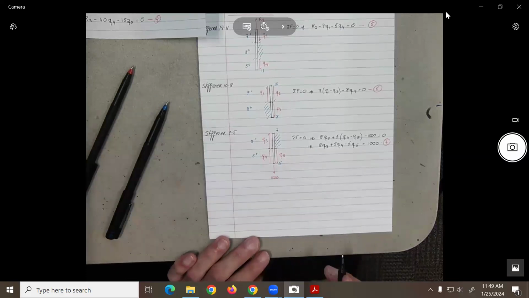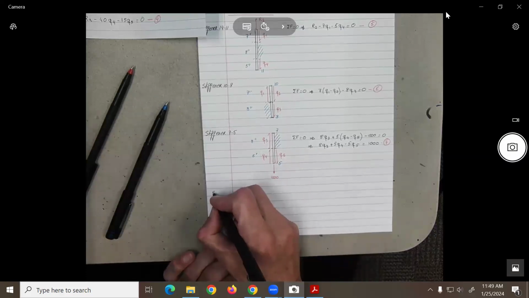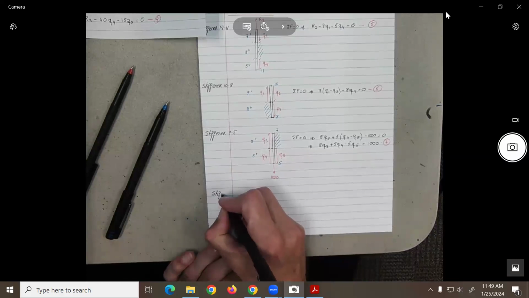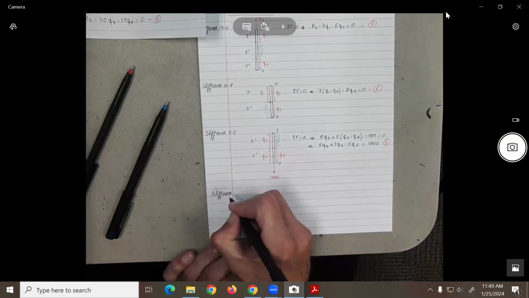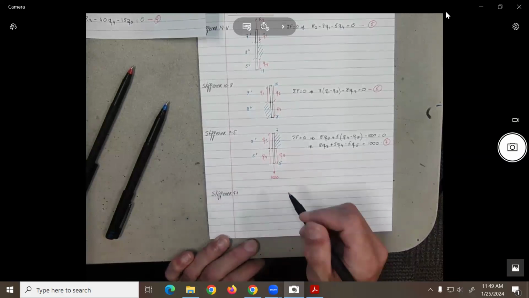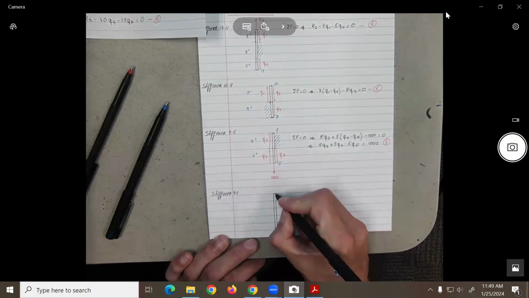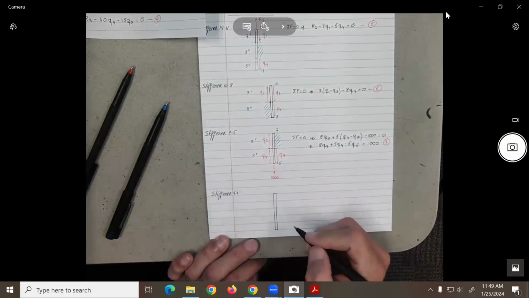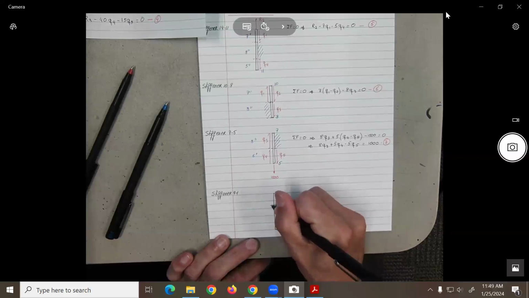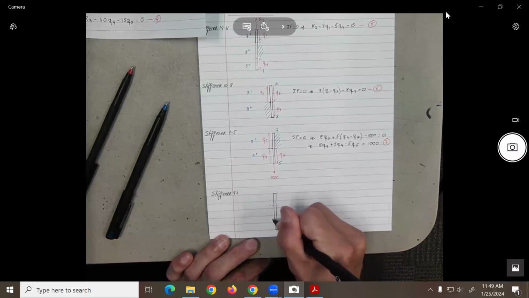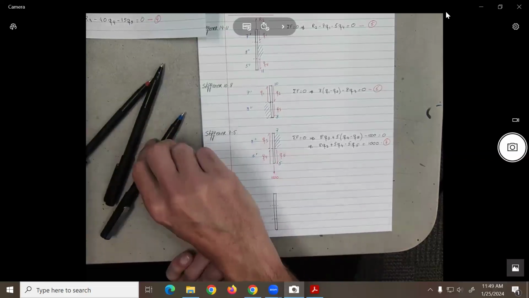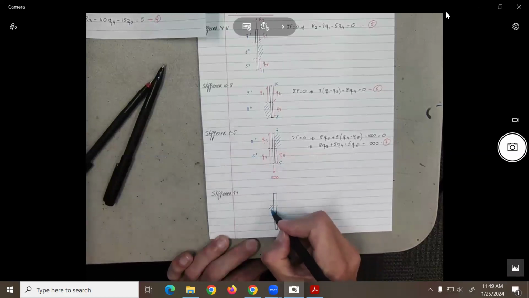So what do we need? Only one more. The last stiffener we need to do will be stiffener 14.1. Here we go. This one is long over here. We have the cutout over here.